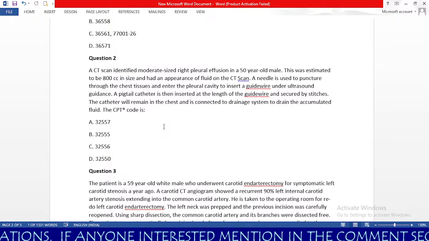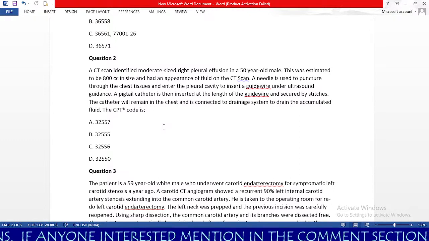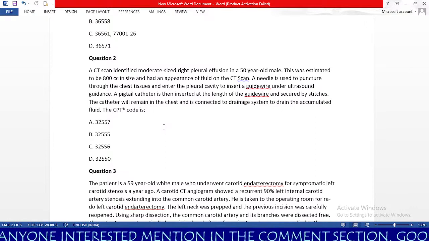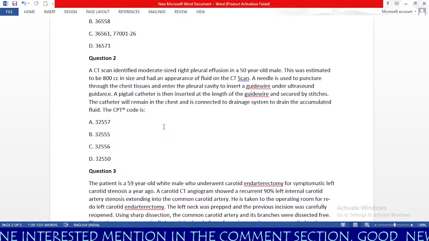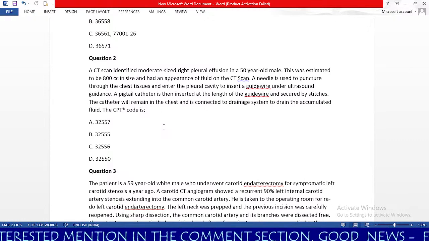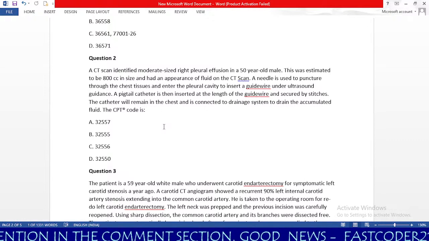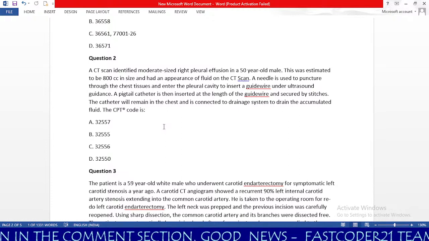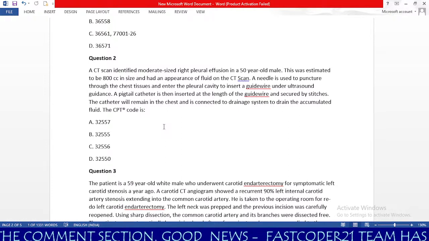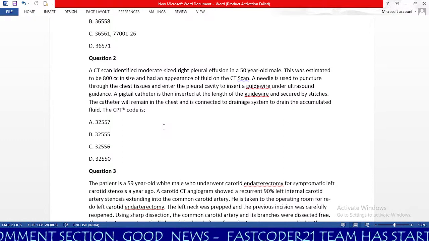So in order to code 32555, the physician needs to create one incision. But as per the operative report, there is no incision. The physician has used only a needle. So one logic is that whenever you see the word needle, you need to think that it is a percutaneous procedure, not an open procedure.